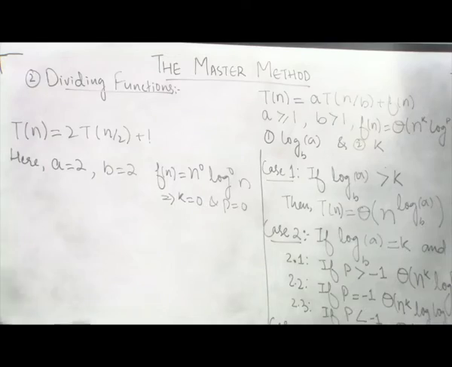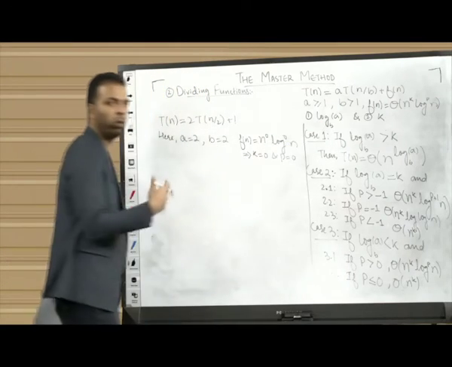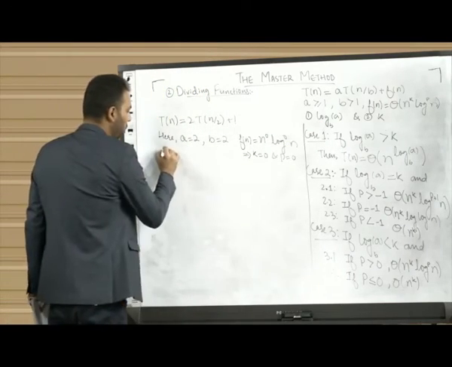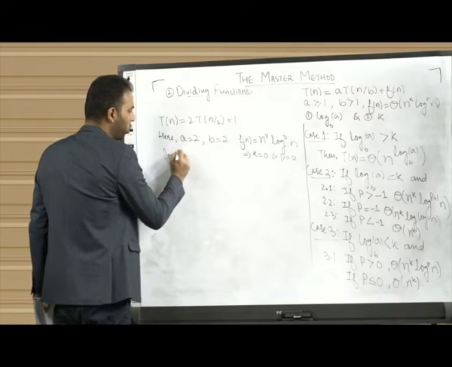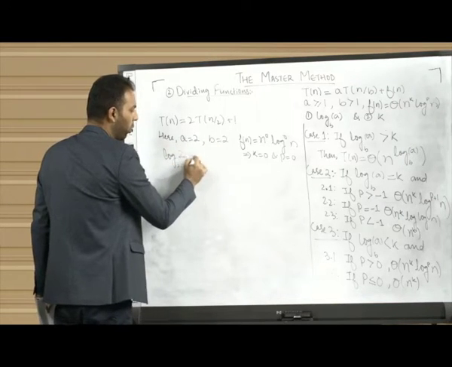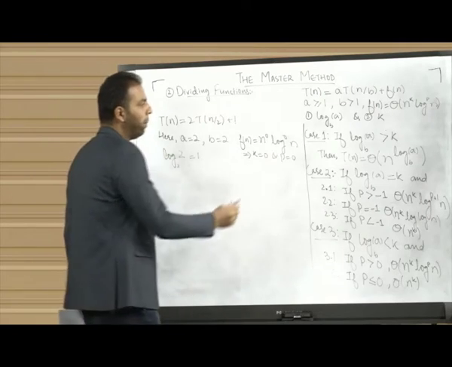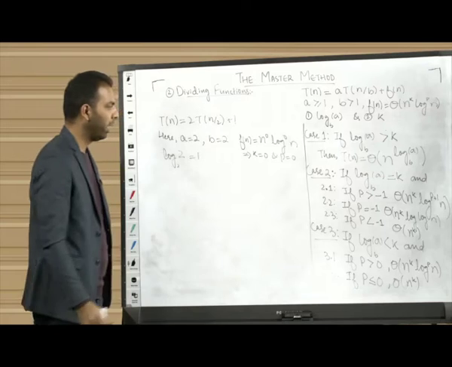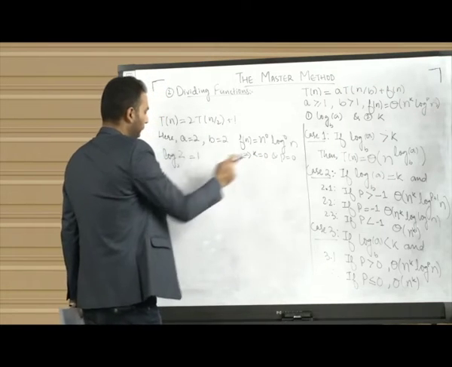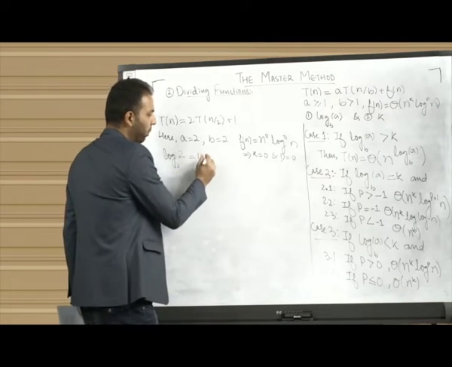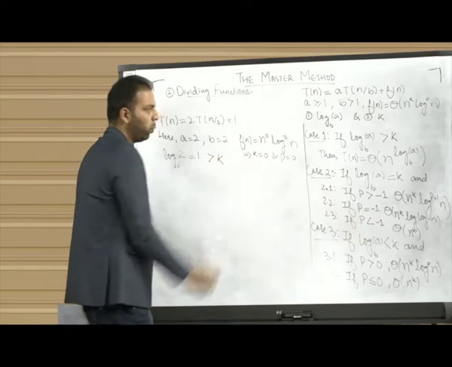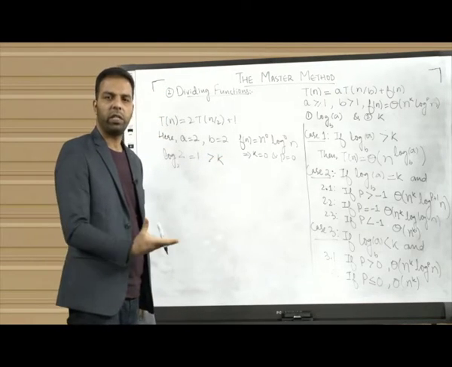Now we have to calculate this term first, log a to the base b. So log a, that is 2, to the base b, that is 2, it is equal to 1. Log 2 to the base 2 is 1. Now we will compare it with k. So k is 0 and log 2 to the base 2 is 1, means it is greater than k. Which condition does it meet?